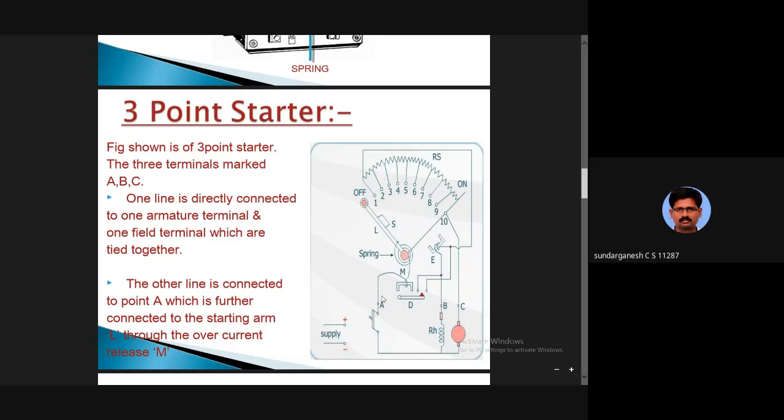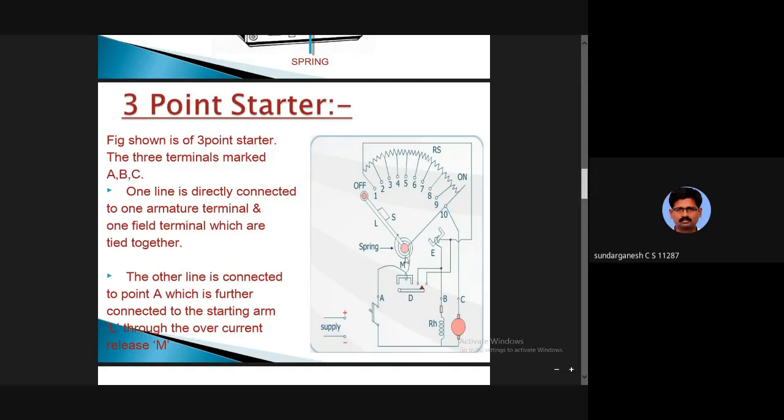The other line is connected to the point A, which is connected to the starting arm L through M. This is the starting arm L, soft iron piece through M, through this coil. This is the overcurrent release coil.